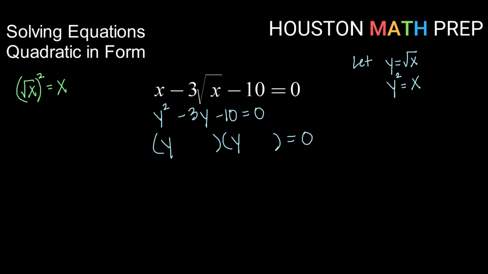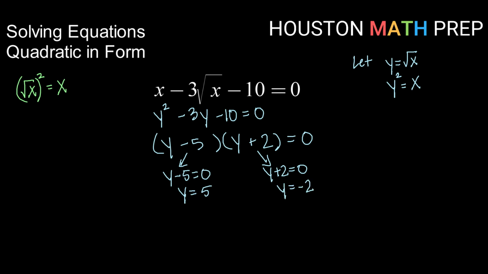So y and y, things that multiply to give negative 10 but add to give negative 3, I get y minus 5 and y plus 2. Setting those separately equal to 0, y minus 5 equals 0 and y plus 2 equals 0 gives y equals 5 and y equals negative 2.